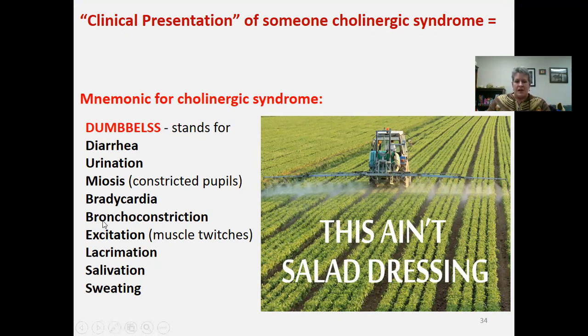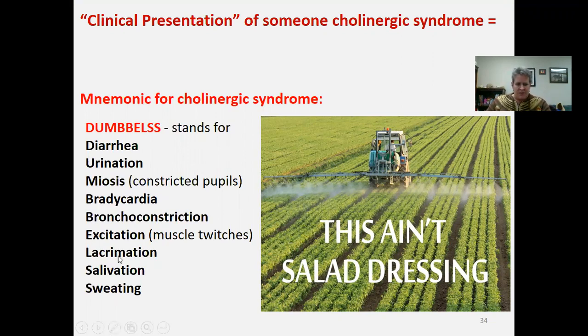So that's that B. Now, excitation stands for skeletal muscle seizures, all right? So acetylcholine binding to nicotinic cholinergic receptors on your skeletal muscles is always going to stimulate them. So too much acetylcholine at the synapse of skeletal muscles causes whole body seizures, and that can be very bad because if you seize for too long, your body temperature rises to a dangerous level.